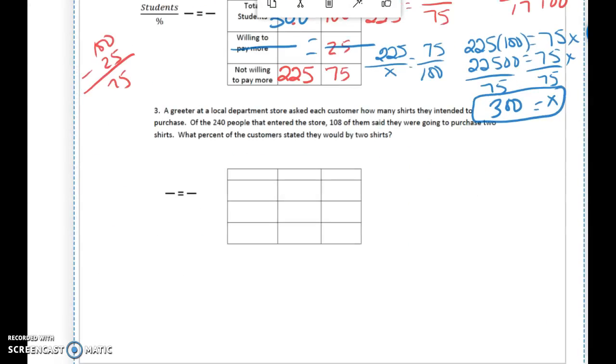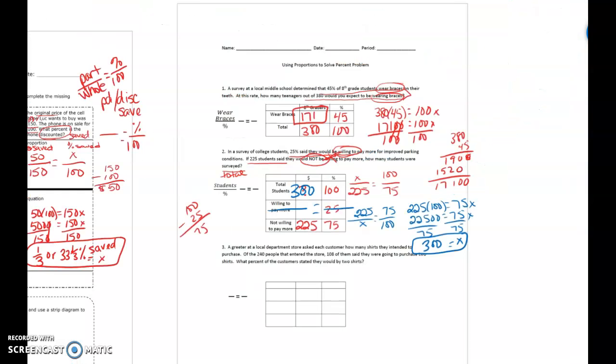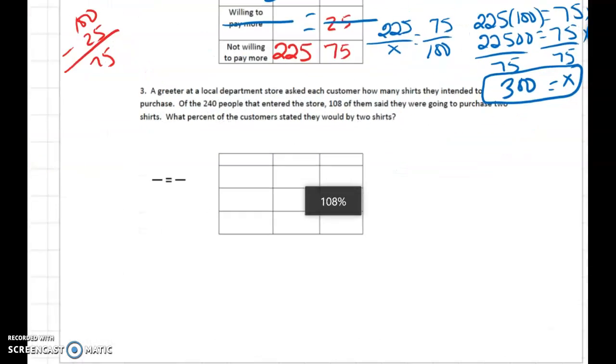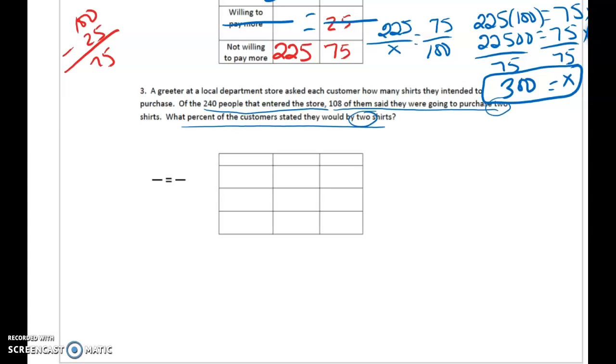A greeter at the local department store asked customers how many shirts they intended to purchase. Of the 240 people that entered the store, 108 said they wanted to purchase 2. What percent would like to purchase 2? So these match, so that's a good thing, and we need a percent.